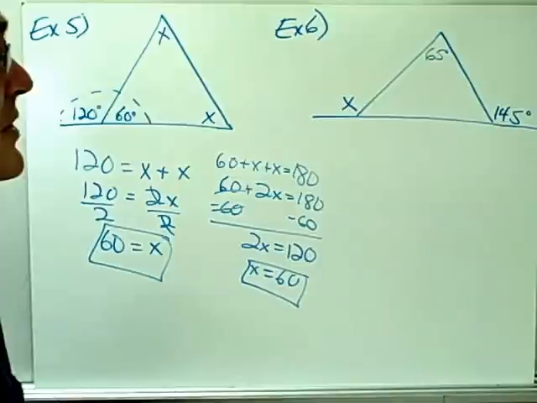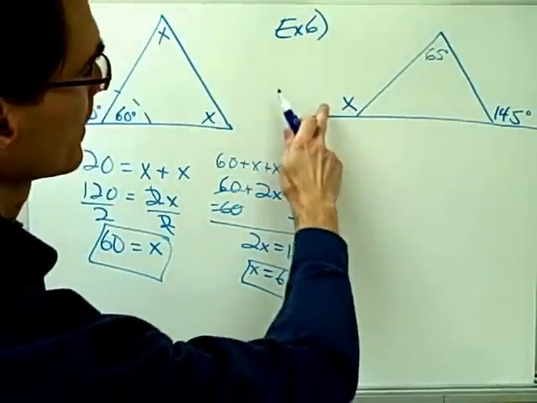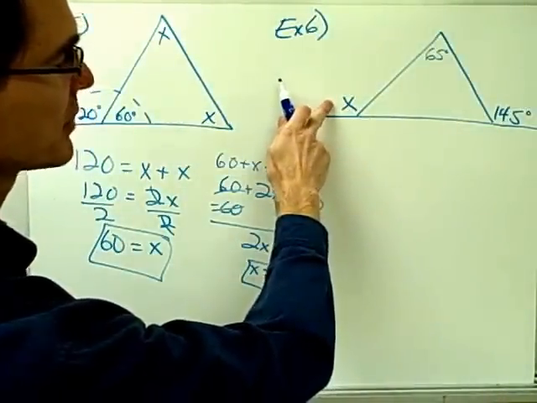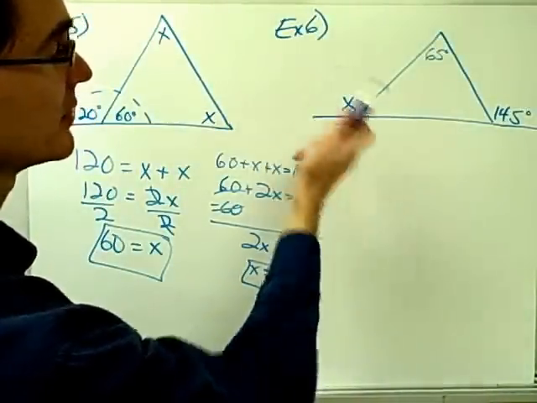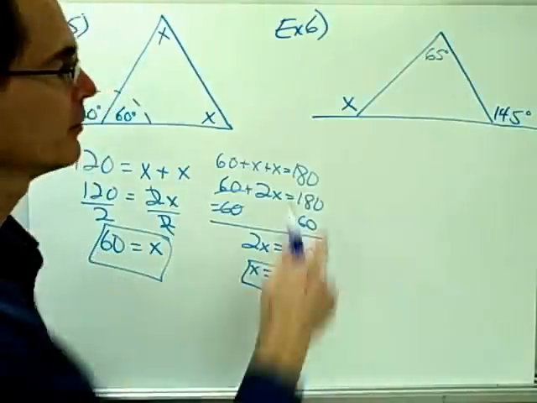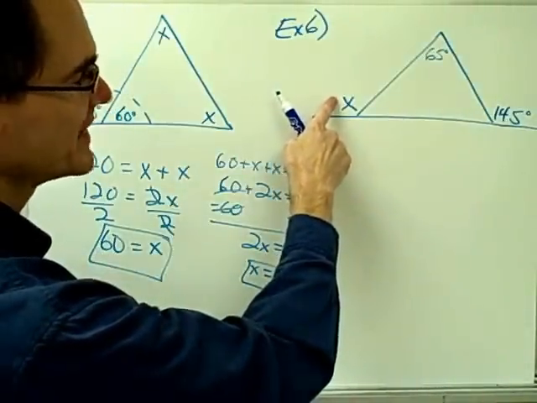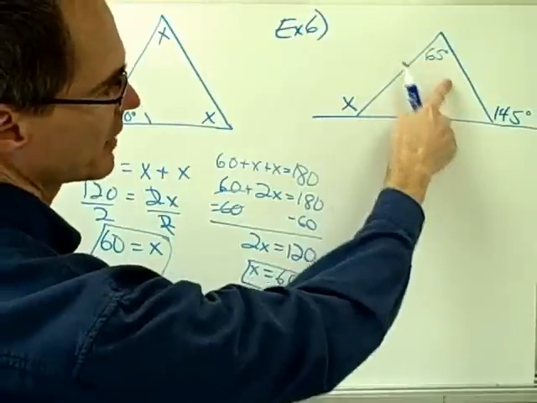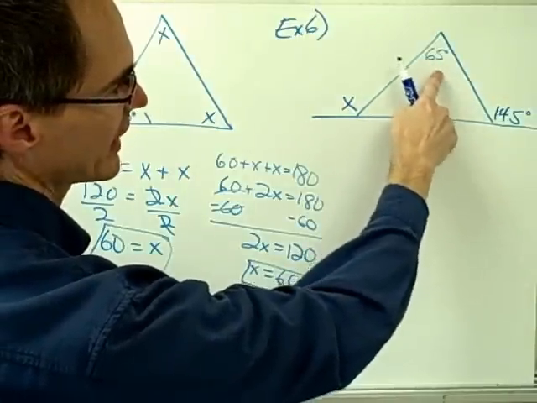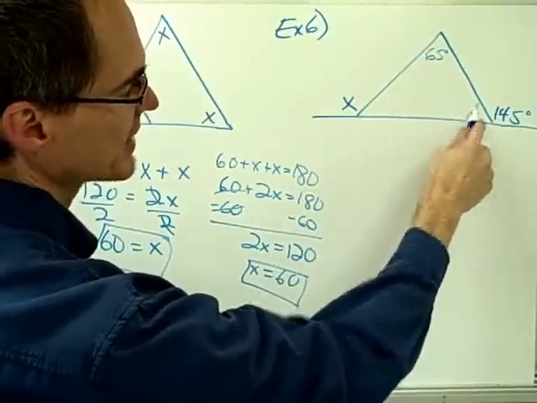All right, take a look at example number 6. Here I have an exterior angle. I'm looking for the value of this exterior angle of a triangle. I know from the exterior angle theorem that the measure of this exterior angle is equal to the sum of its two remote interior angles, which means this angle and this angle.